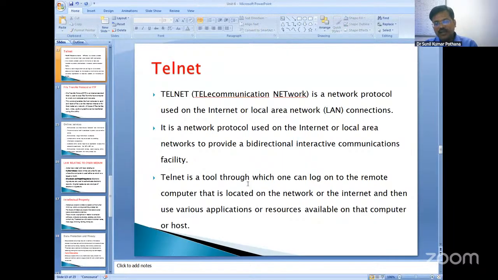It is a network protocol used on the internet or local area networks to provide bidirectional interactive communication facility. Telnet is a tool through which one can log on to a remote computer located on the network or the internet, and then use various applications or resources available on the computer or host.